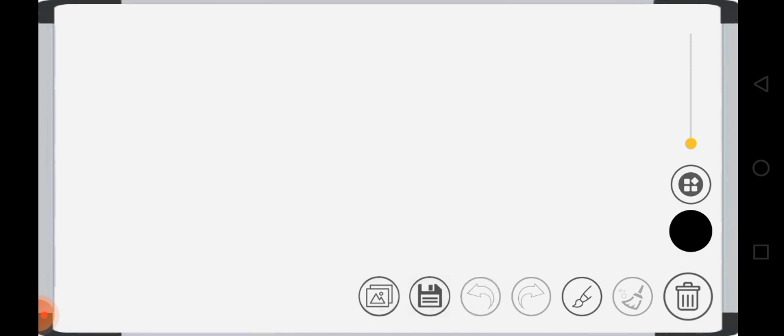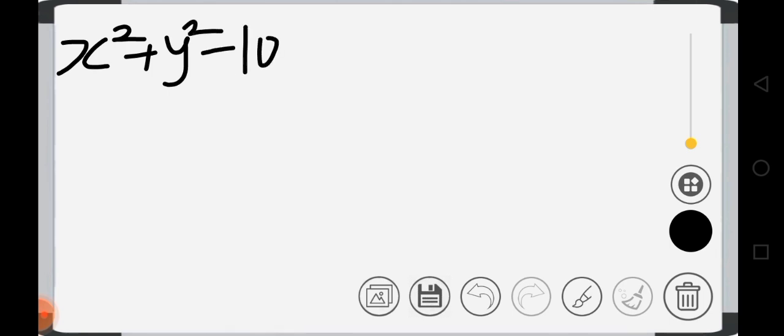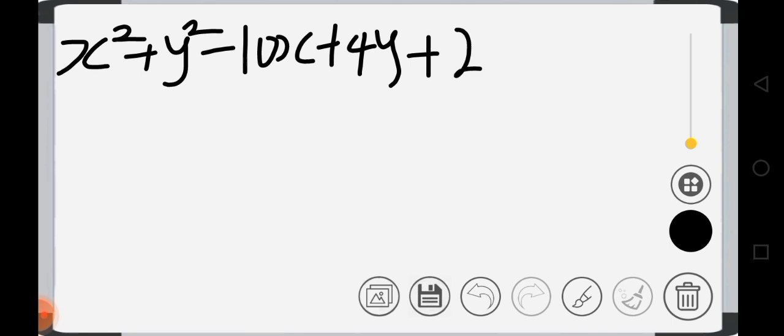Okay, let's try this, the question we just solved. The question was x squared plus y squared minus 10x plus 4y plus 25 is equal to 0.